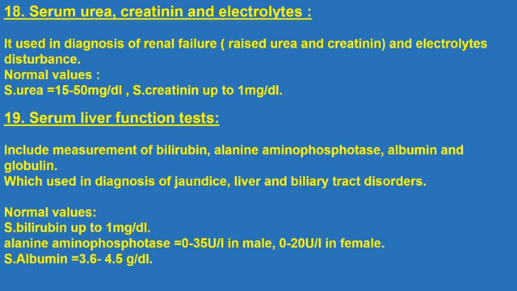Normal value of serum bilirubin is up to 1 mg per deciliter, while the normal level of alanine aminotransferase is 0 to 35 units per liter in male, while in female 0 to 20 units per liter. Serum albumin normal level is 3.6 to 4.5 gram per deciliter.